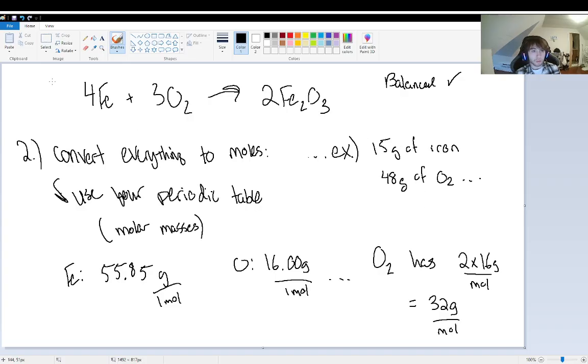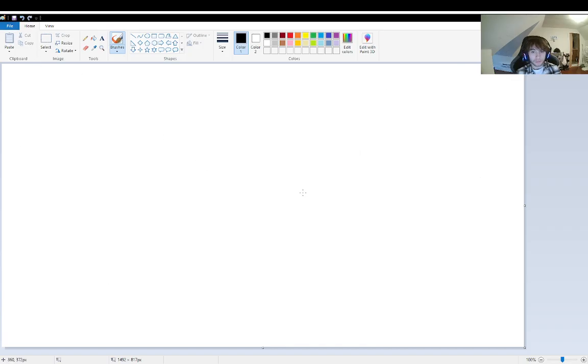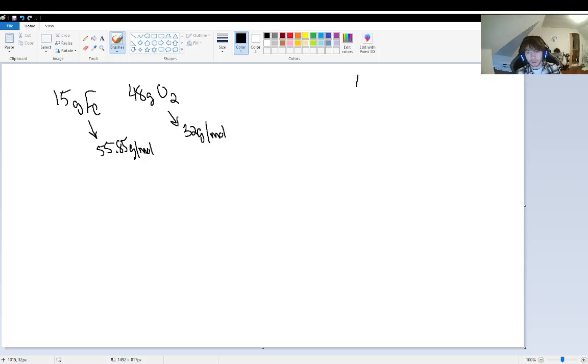So it's 15 grams of iron and 48 grams of oxygen. Let's go to the next page. I know that oxygen has 32 grams per mole, and iron is 55.85. And let's keep this equation over here.